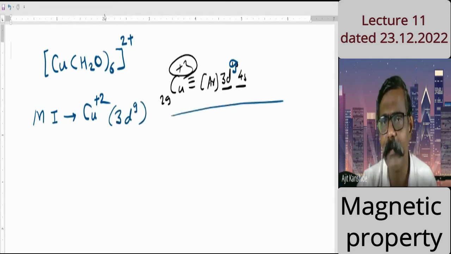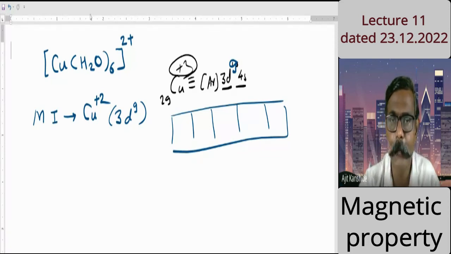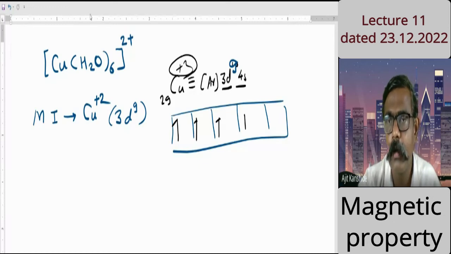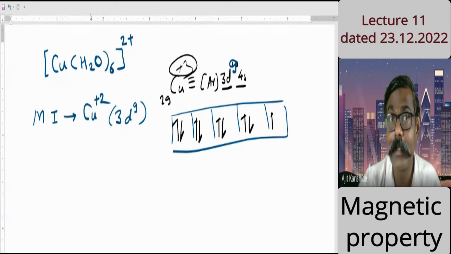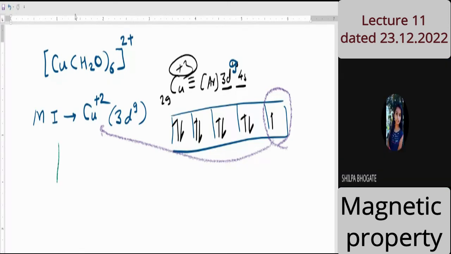Roughly, it's not a perfect concept. If I consider the d orbitals, how can I represent the electrons? First electron, second, third, fourth, fifth, sixth, seventh, eighth, ninth. So there is an unpaired electron. Because of this electron, what will you predict? Will this complex be paramagnetic or diamagnetic? Paramagnetic.